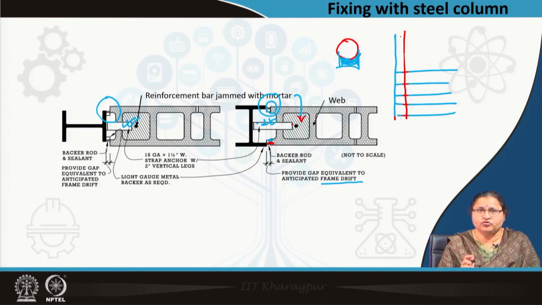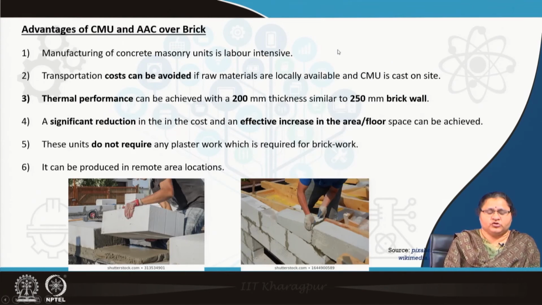There are two details here: one is the strap connecting the I section with the CMU, and the other is the backer rod and the sealant, which give weather protection and allow for any expansion movement of the entire structure. So, let us come to the advantages of CMU and AAC blocks.